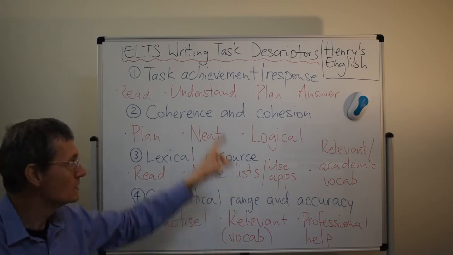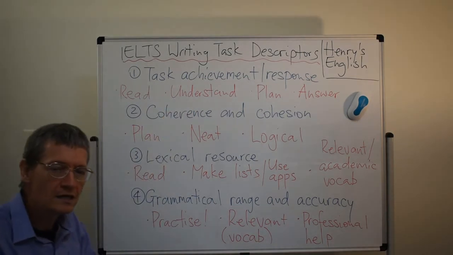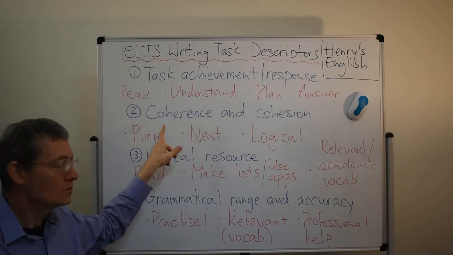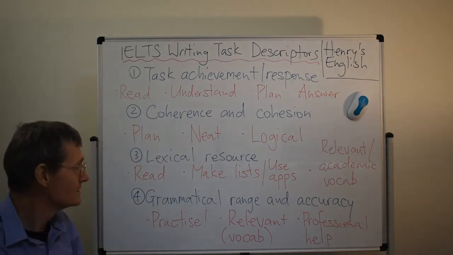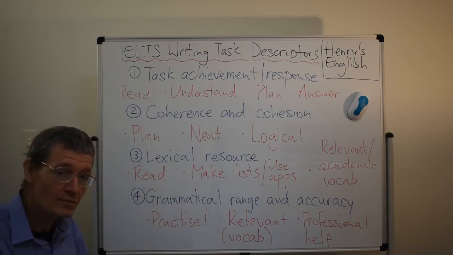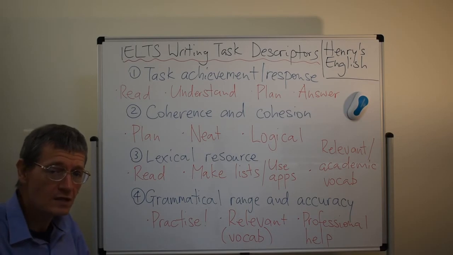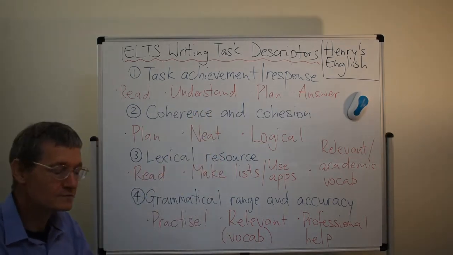And I'm not just talking about the task achievement area. When you're answering the wrong question, your grades fall down in all areas, in coherence and cohesion, in lexical resource, which is surprising because this is about vocabulary. Why would it fall down in vocabulary? But it does. Students make more spelling mistakes when they're not answering the correct question.